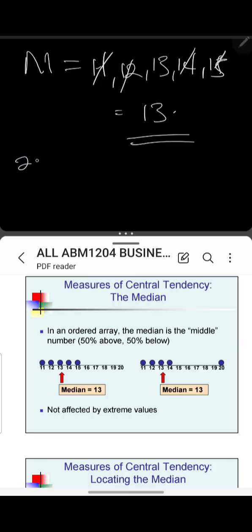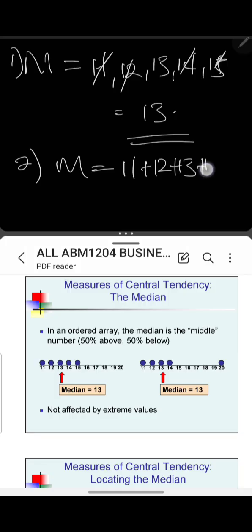Example 2. It is 11 plus 12 plus 13 plus 14 plus 20. I made a mistake.